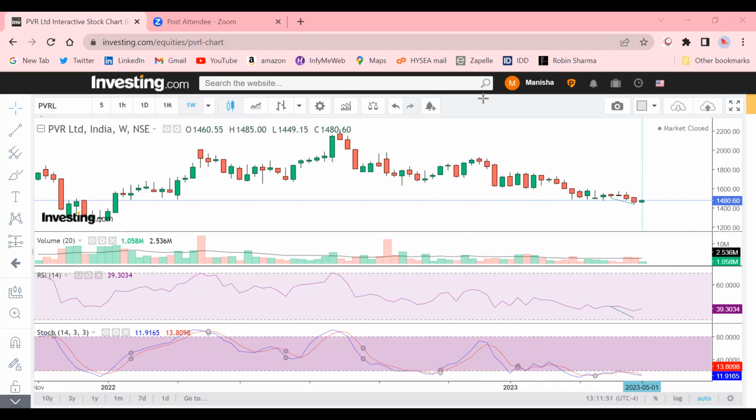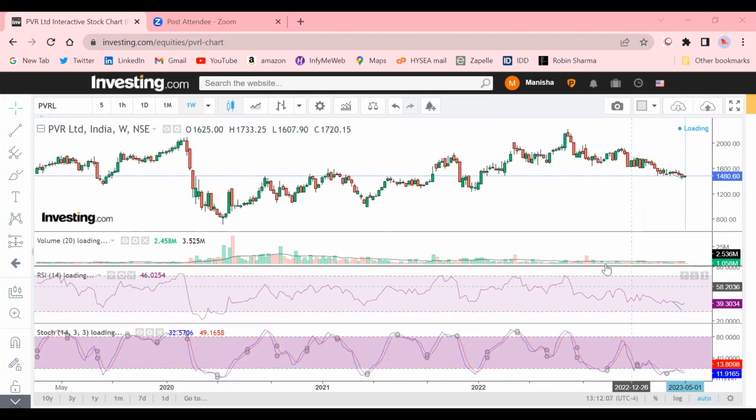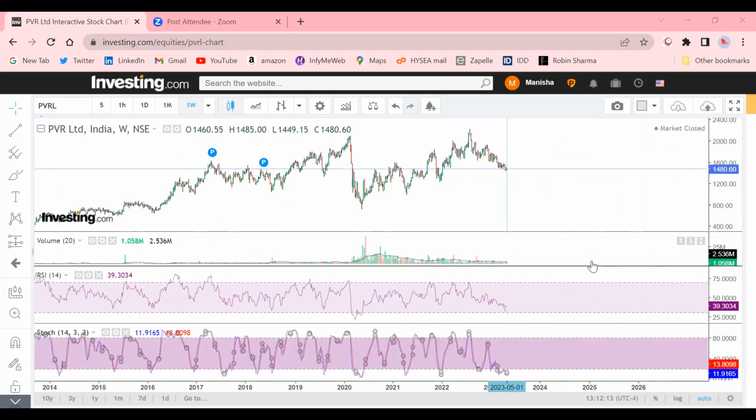Manisha ma'am, are you able to zoom out your chart so that you can see the divergence, or maybe I can show it on my desktop. Here, I've zoomed out.